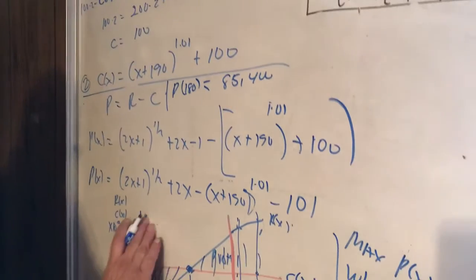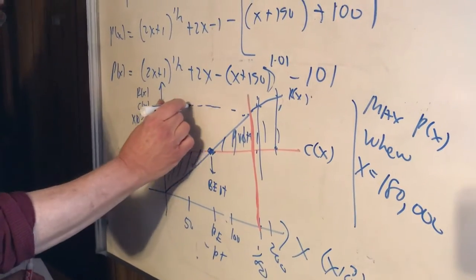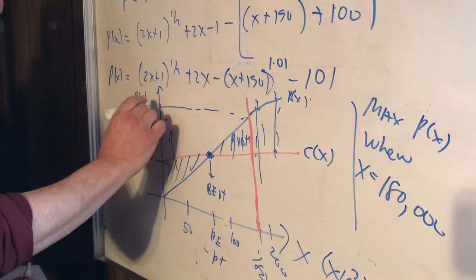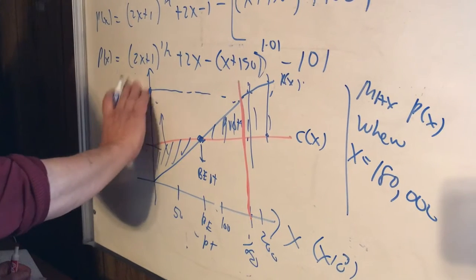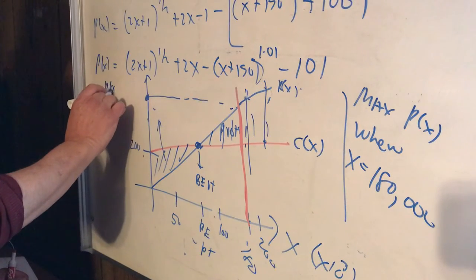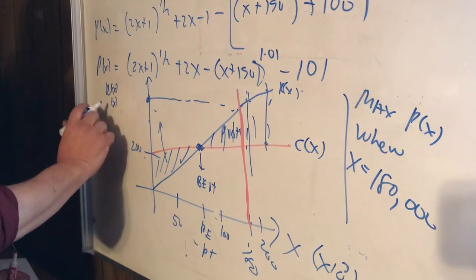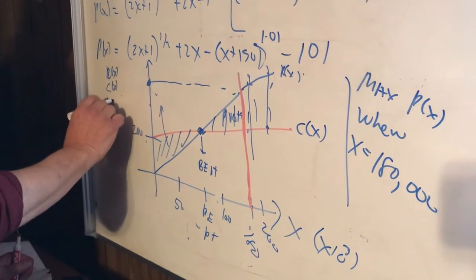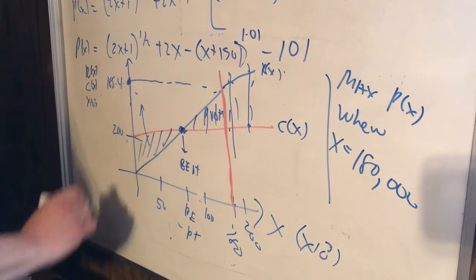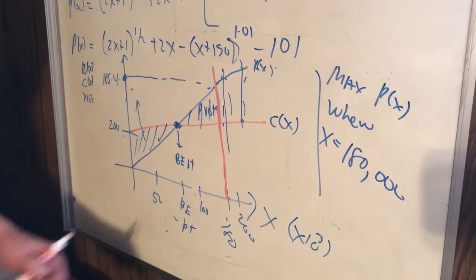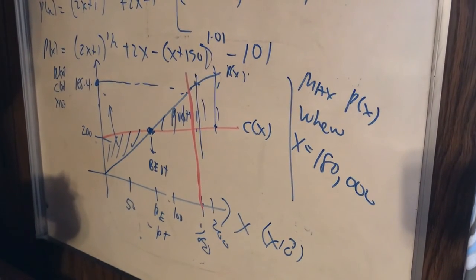So this point here at 180 is going to be 185.4. R of x, P of x, R of x, C of x, times 10 to the third. This is 185.4. So at x equals 180, in this case, you maximize it.